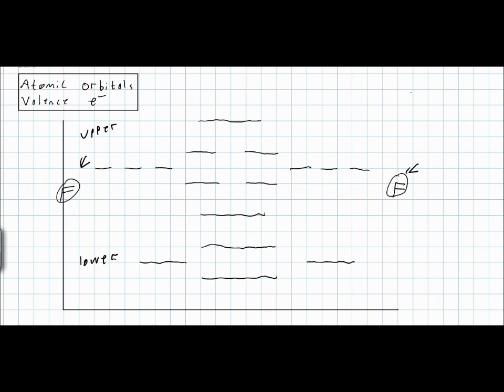What we're going to start to do is fill in the orbitals. This is going to be the 2s orbital for this fluorine atom here, and this is going to be the 2s orbital for this fluorine. If you remember back to the valence electrons, you'd know that it was 2s2, so they each get 2 electrons.